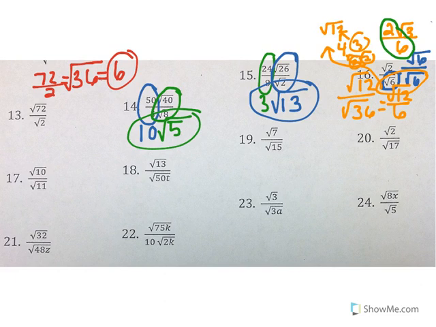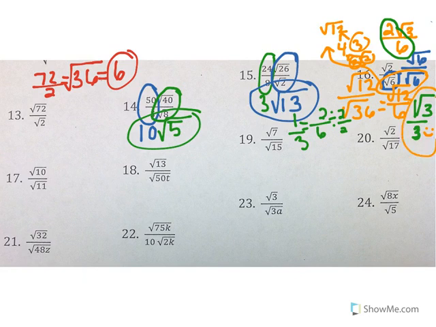I can reduce them. How do you reduce 2 and 6? Well, 2 over 6, you can divide both of those by 2, and then you get 1 over 3. So instead of the 2 over 6, our final answer would be 1 over 3 times the square root of 3. And that would be reduced. And that makes me happy because I don't have a square root at the bottom. Because you cannot have a square root at the bottom. You can have a square root on the top, but you can't have a square root at the bottom.